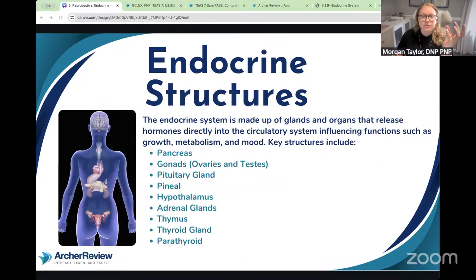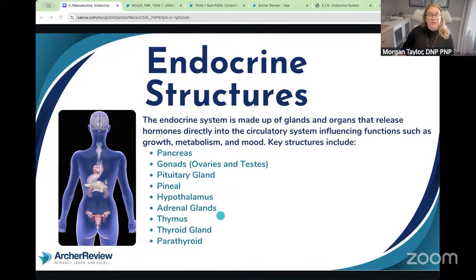These endocrine structures or organs that release hormones are here. We have the pancreas, the gonads, which are the ovaries and testes we just talked about. In the brain, we've got the pituitary gland, the pineal gland, and the hypothalamus. So, three different places up in the brain that all help us produce hormones.